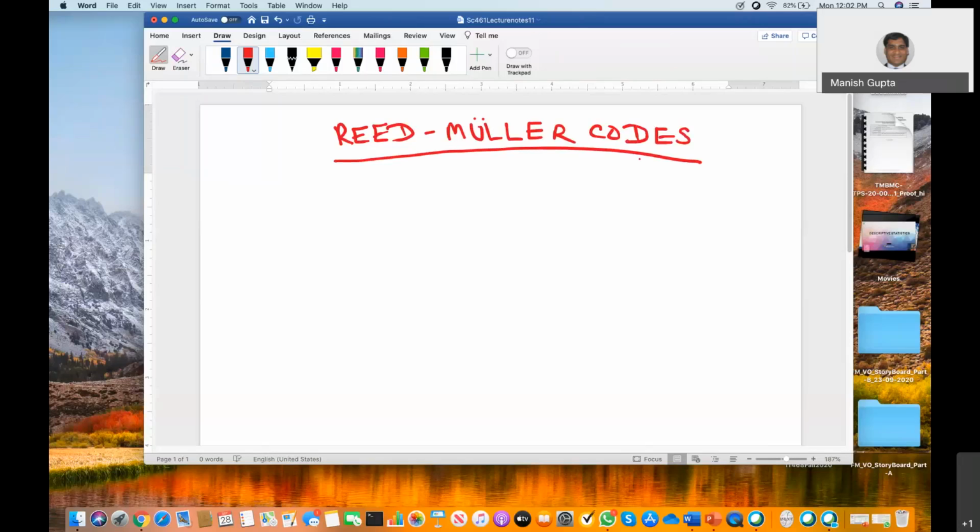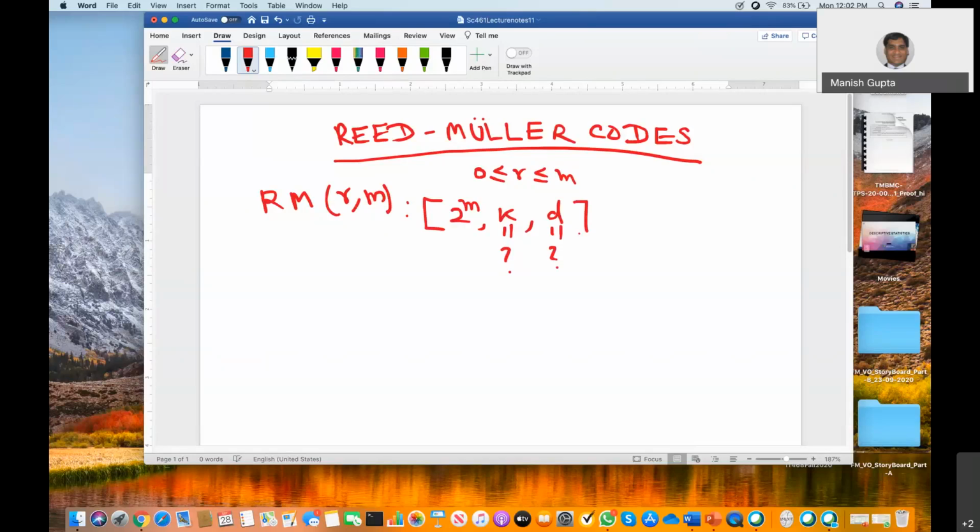Okay, so these are denoted by RM(r, m), where r is a parameter from 0 to m, and the parameters are length 2 raised to power m, dimension k. I will tell you what the dimension is in a minute, and the minimum distance. Of course, I'm going to tell you that.